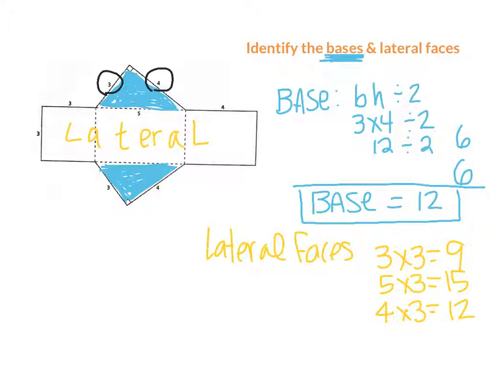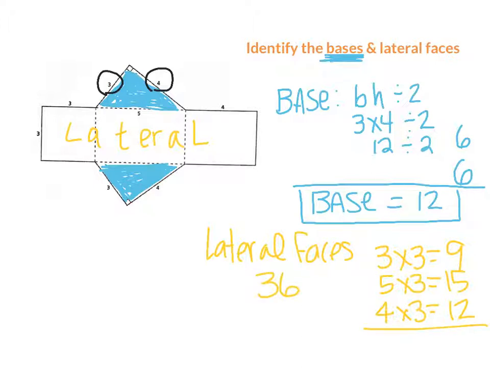Now if you add all these up, because I want to know how much total space is taken up by all of these rectangles and squares in the center, 9 plus 15 plus 12, when you put all that together, it's actually going to be 36.